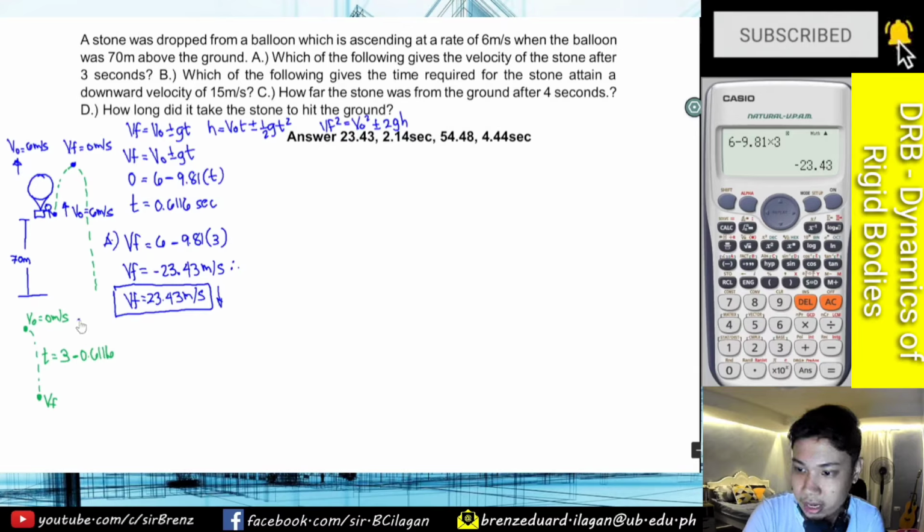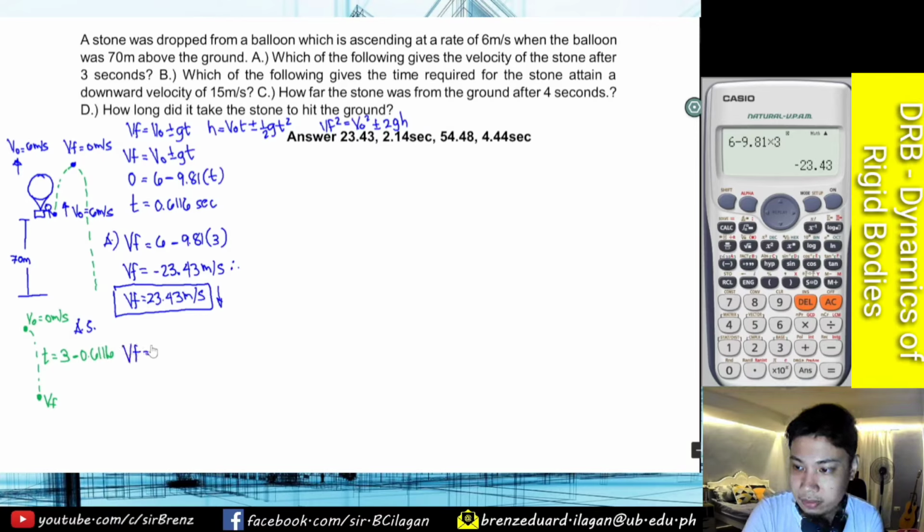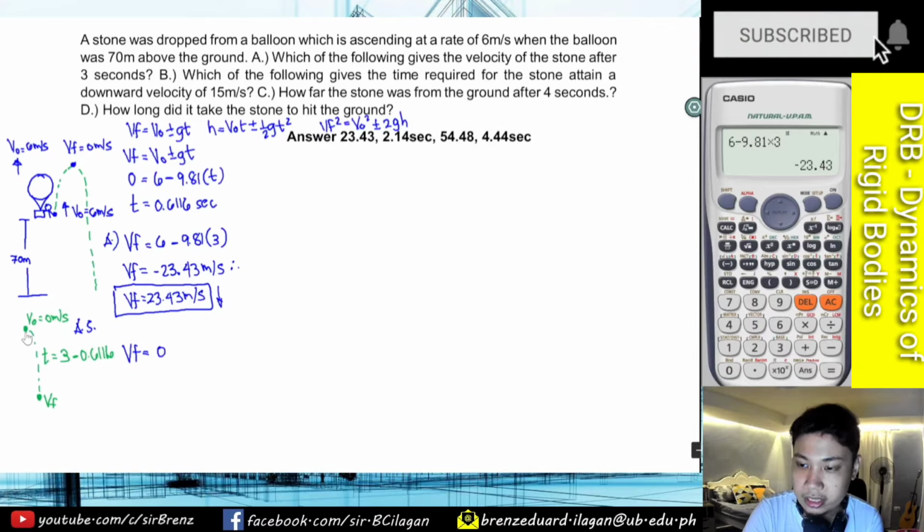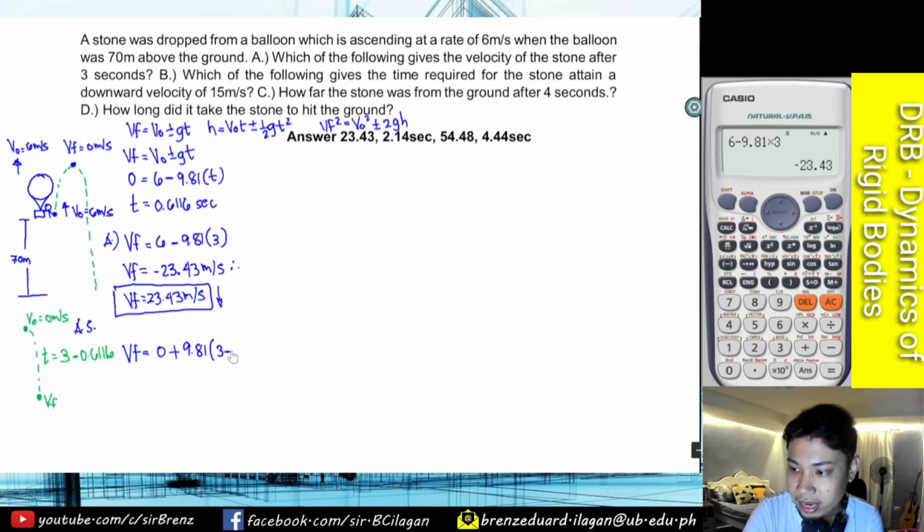So, let's do this alternative solution. The final velocity will be equal to 0, because its initial velocity is 0. And then, since its direction is now the same as the gravitational acceleration, it is plus 9.81. Now, the time that will pass there is 3 minus 0.6116.